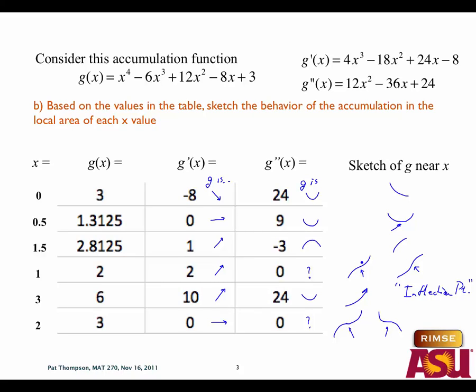So the reason, see here, the accumulation is going up. The rate is positive. It's going up. Here, the rate of change is 0. So the accumulation pauses, but the rate of change pauses. So you have, see here, it's not horizontal. It's still heading up, even though the rate of change changes from decreasing to increasing.